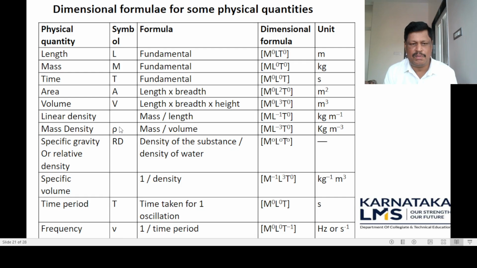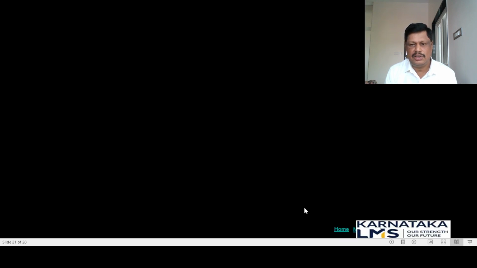Similarly, we can obtain the dimensional formula for mass density, specific gravity, specific volume, time period, frequency, etc. Frequency nu is equal to 1 by T. So M^0 L^0 T^-1 is the dimensional formula for frequency, and per second, or Hertz, is the SI unit.